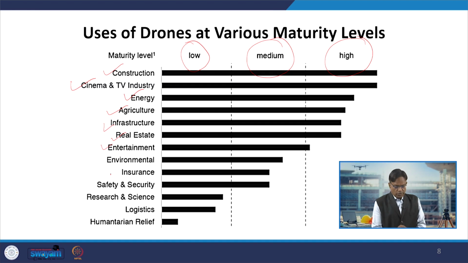If we talk about the insurance sector and safety and security, we are at the medium level as far as application is concerned. But there are certain areas, research and science, logistics, humanitarian relief, where a lot more has to be done to achieve the highest accuracy. So these are the different maturity levels of drone applications.